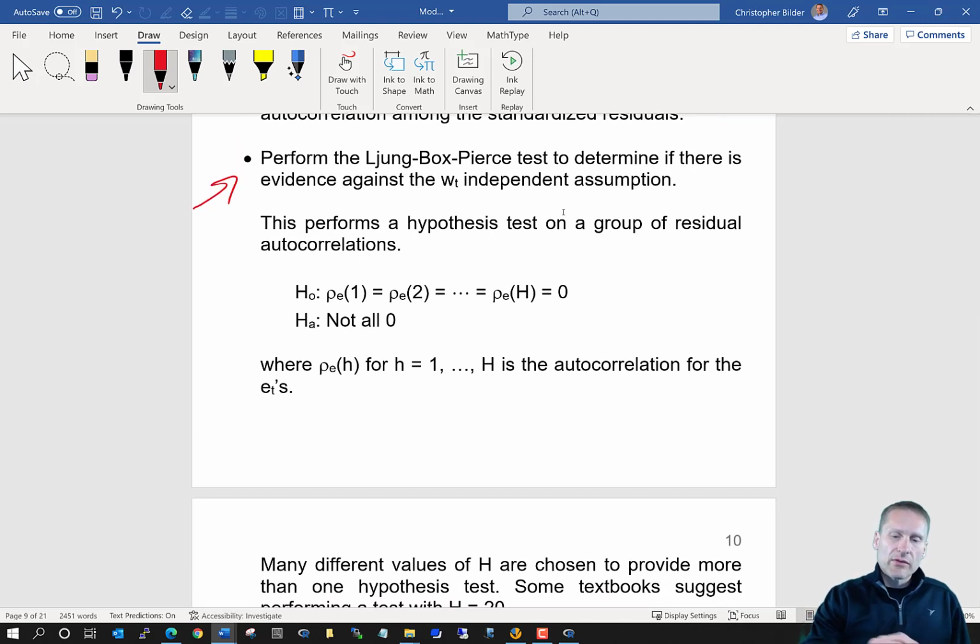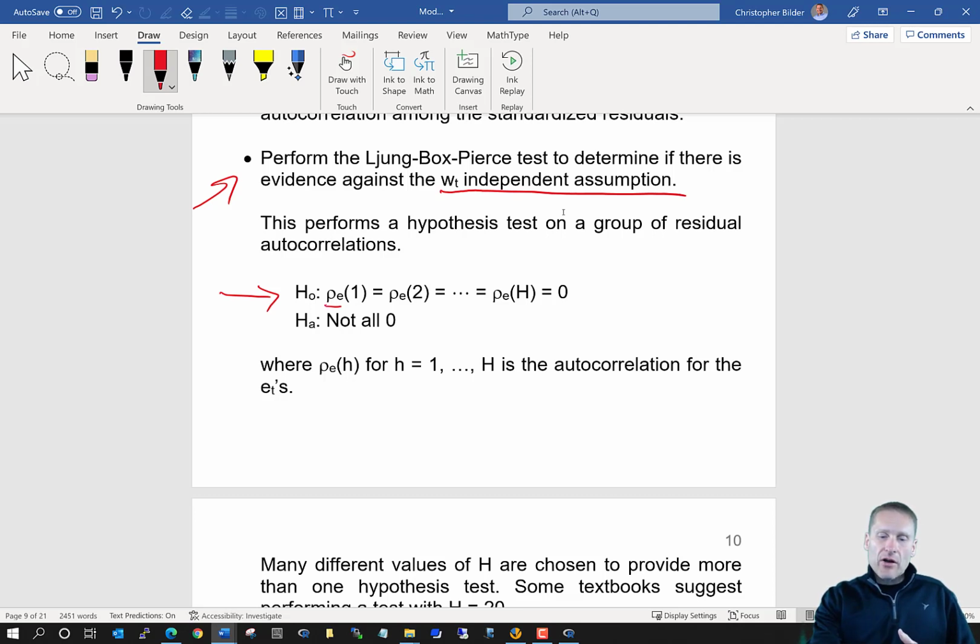Another diagnostic tool is to perform a Ljung-Box-Pierce test. And this again looks at the assumption that w_t is independent. So what it does is simply this particular hypothesis test. Let's say that the autocorrelations for our residuals are denoted again by rho sub e.